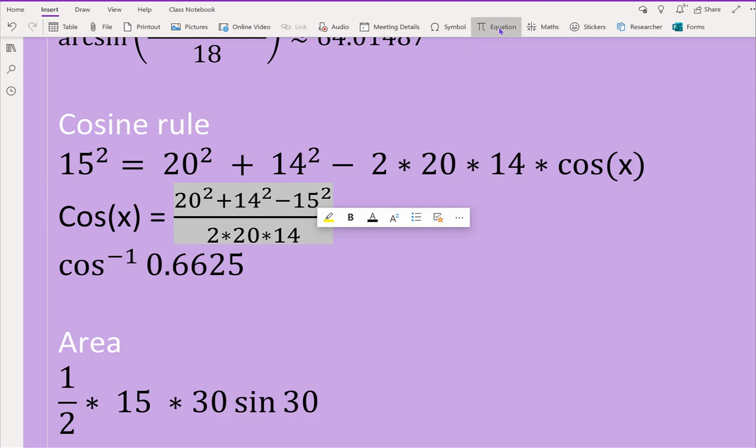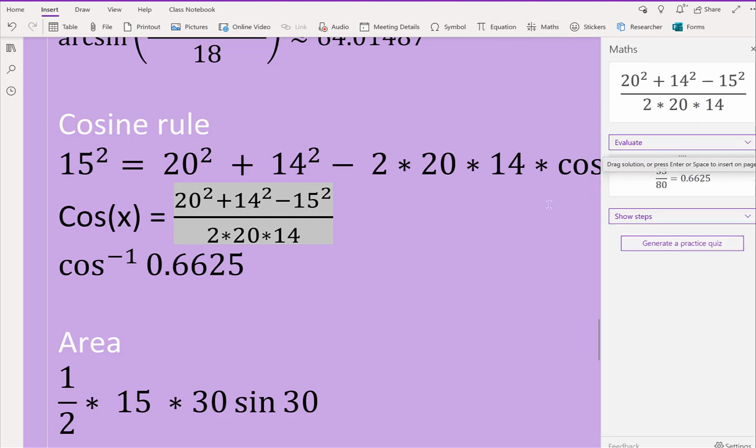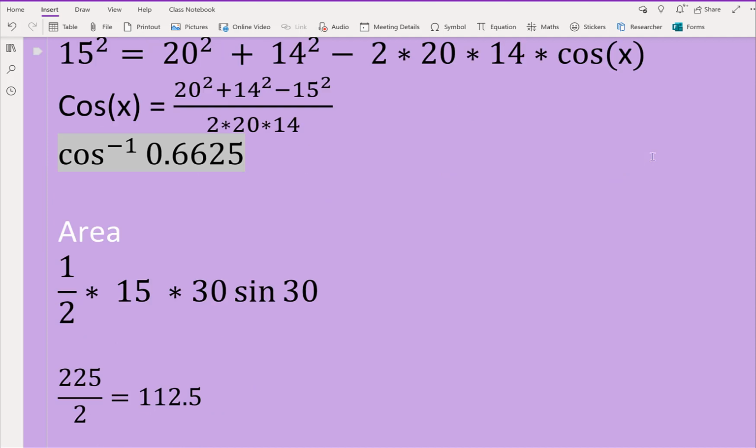So if I just show you the value for that, when I press maths, evaluate, 0.6625, and because I want the angle, I need to take the inverse cos of that. When I place an action again, it gives me the angle 48.5 degrees to 1 decimal place.